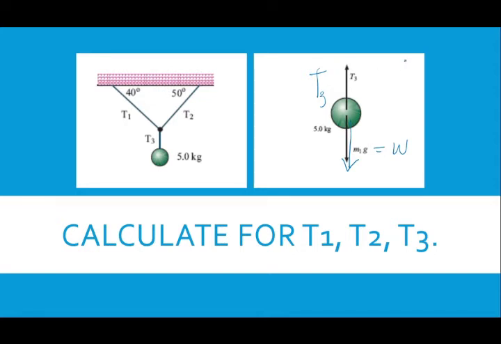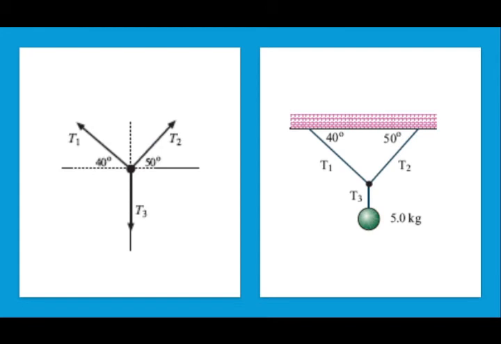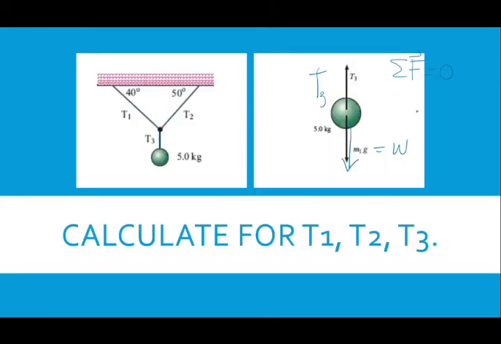And with this, magkakaiba ang free body diagram ng tension 1 sa tension 2. So, since this is a balanced force, the sum of all the forces that act on it is equal to 0. Ganun siya. So, for T3, ano mangyari? Sa T3 muna tayo.